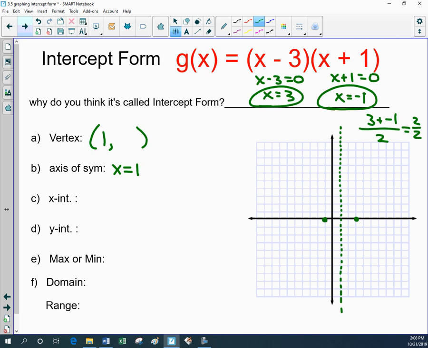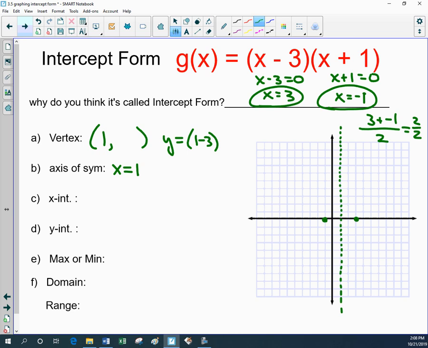And then anytime we know x, in order to find y, we can plug 1 in for x. So if we go back to our original equation and we plug 1 in for x, instead of x minus 3, it would be 1 minus 3.